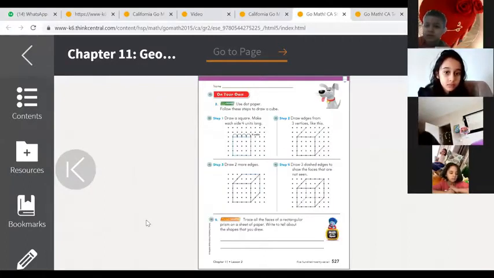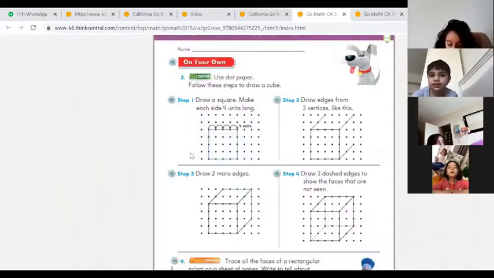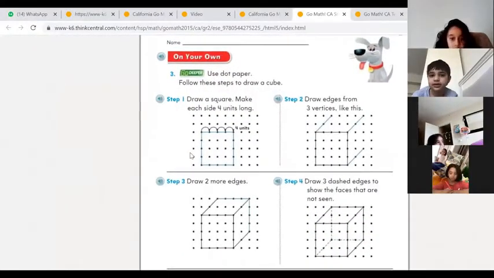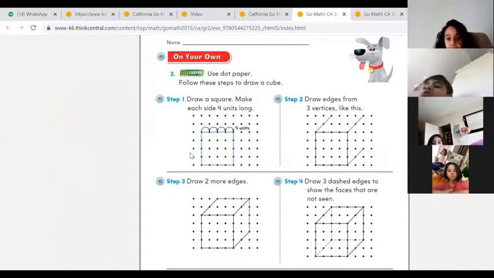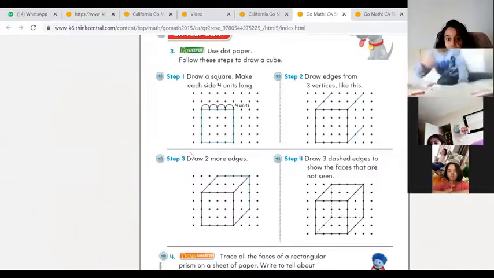Here we are going to use the steps to draw a cube. I want you to follow the same instructions. You have them here.